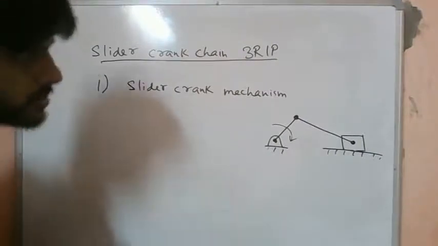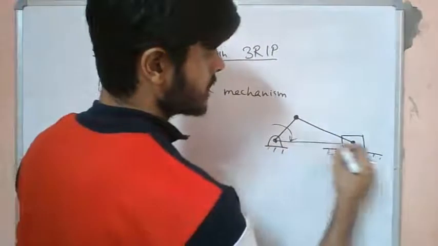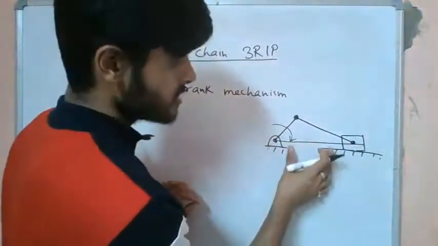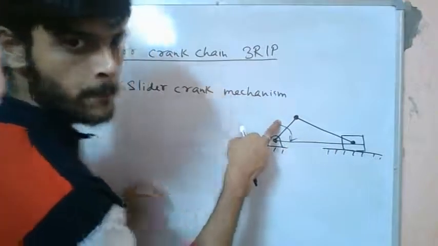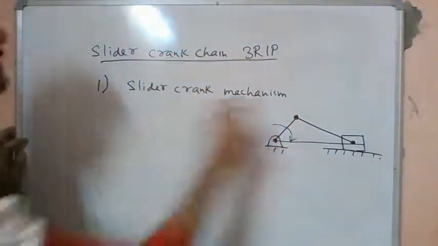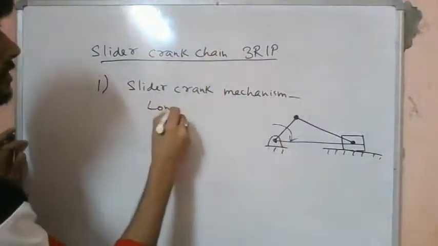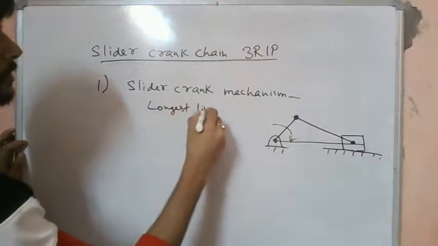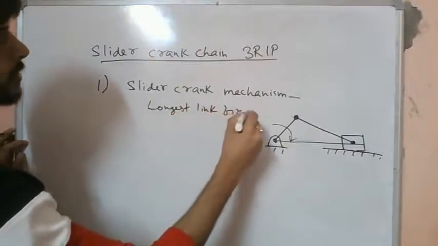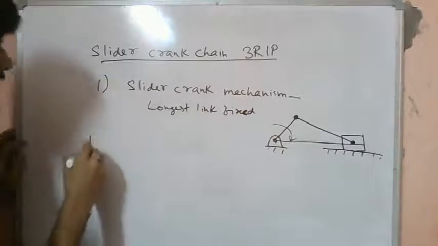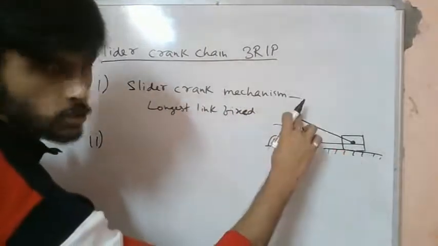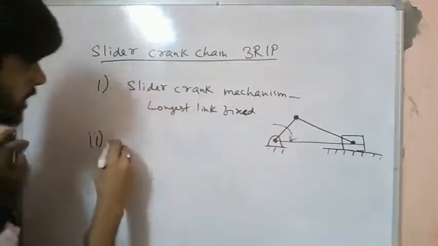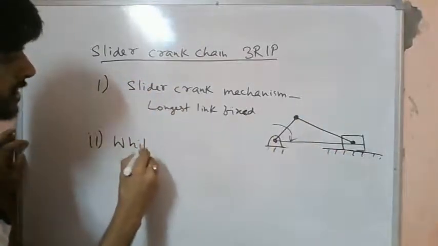Now, this is the longest link, which has been fixed in this case. Instead of fixing the longest link, let's say we fix the shortest link. Then what we get is what we call the Whitworth quick return mechanism.